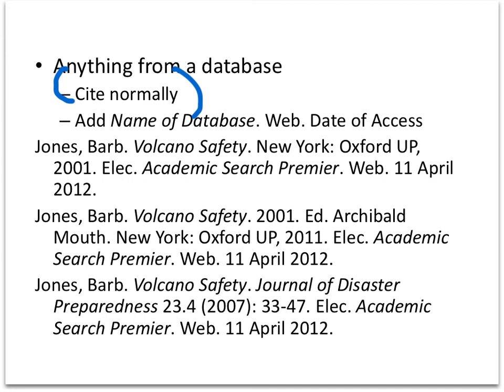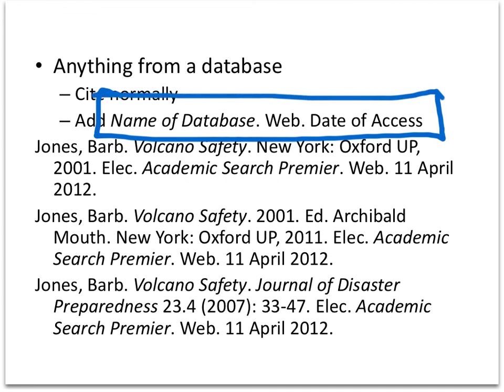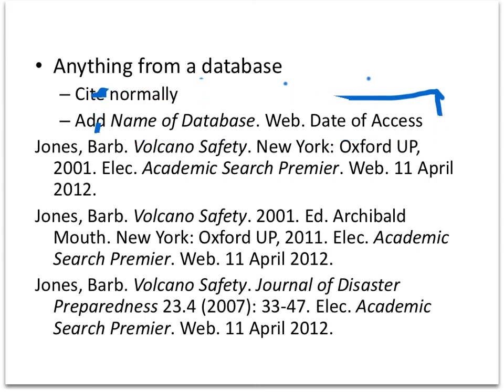But the thing we're going to do that's a bit different is add a special tag at the end of the publication information. And this tag includes these three pieces of information: the name of the database, web, and date of access. So if you'll notice, in these three examples here, we have the same standard book format, but we need to add name of database, web, date of access.